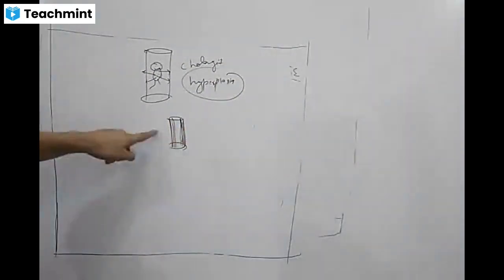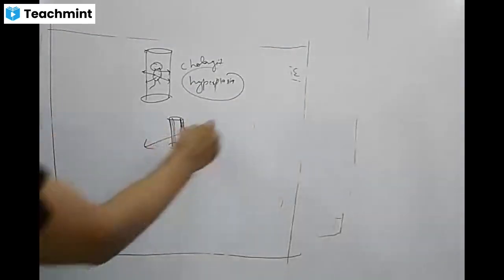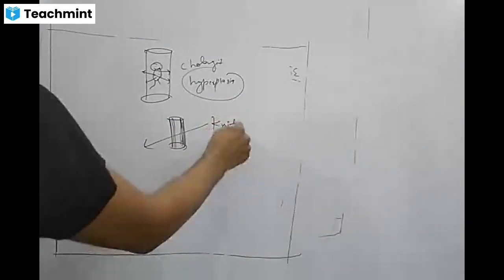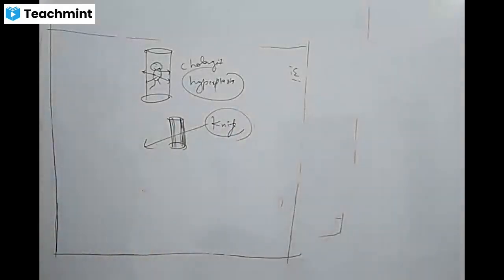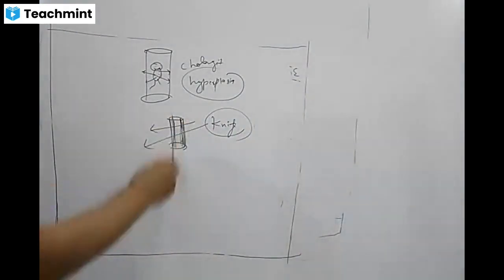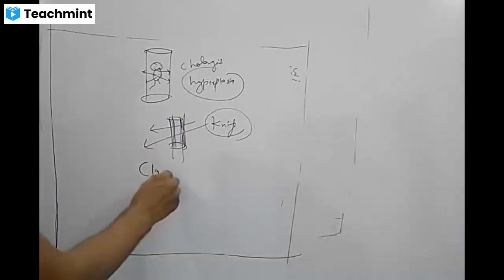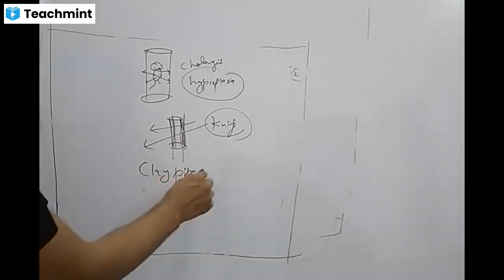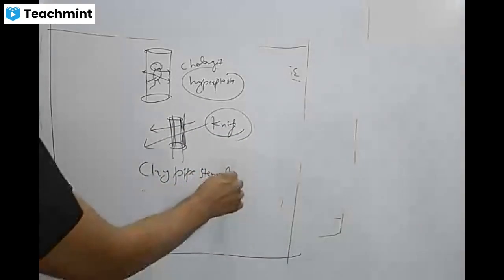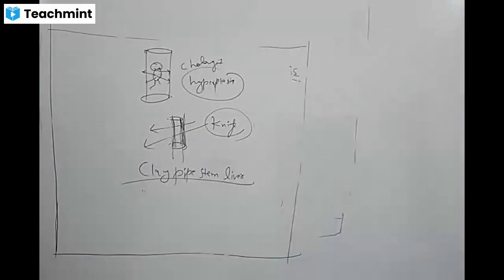Because of this fibrosis, it becomes so hard that if you try to cut with a knife, it will be difficult to cut the bile duct because of calcification and fibrosis. So we call it clay pipe stem liver.